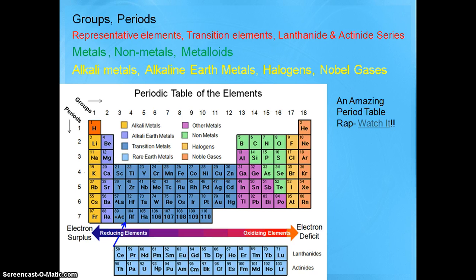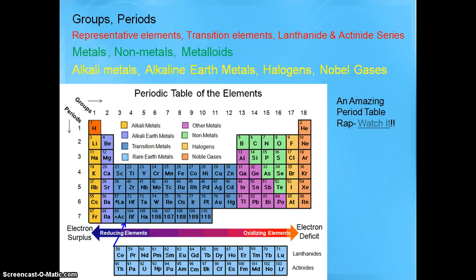Okay, let's see. Your metals, you should know this from previous science classes. See your staircase, oh, you can't see me pointing. Use your pen. Your staircase starts at boron and goes down. Those are your metalloids. Anything down and to the left are going to be your metals. Anything up and to the right are going to be your non-metals.